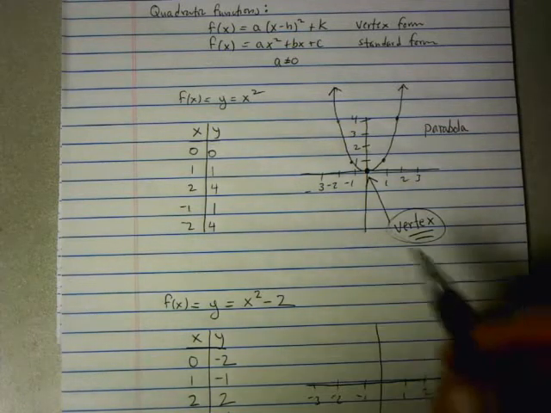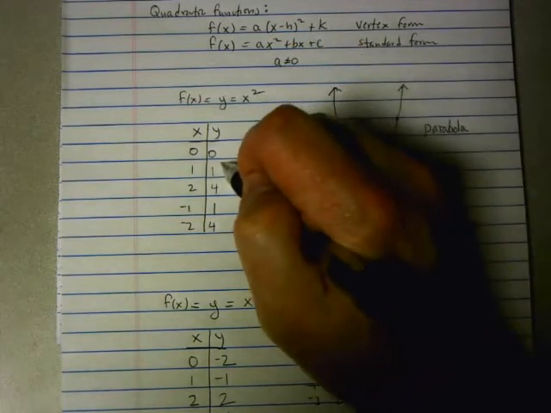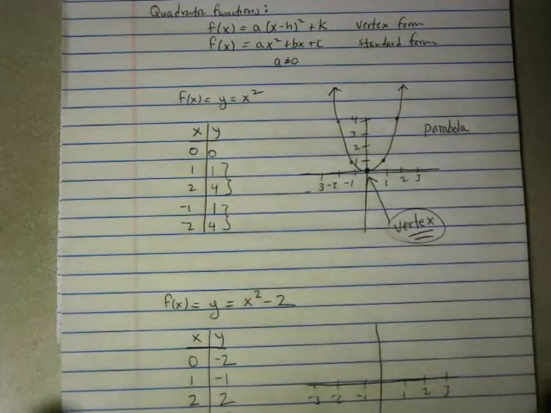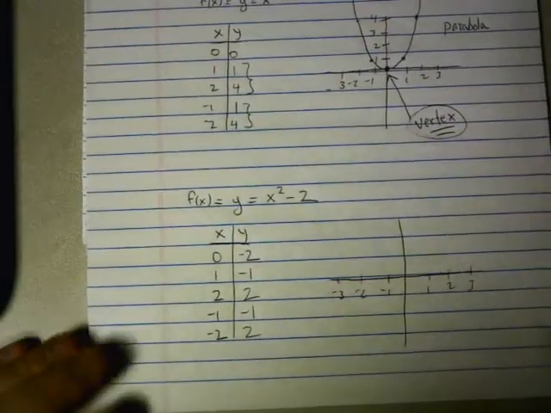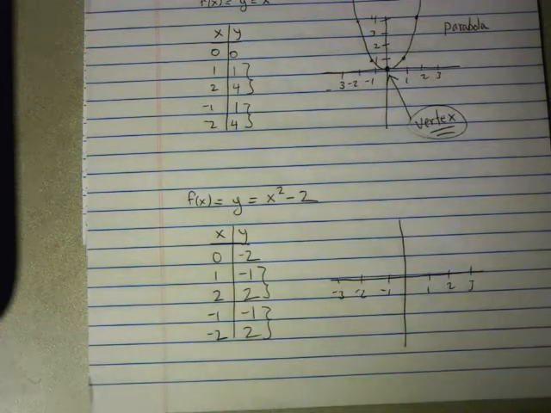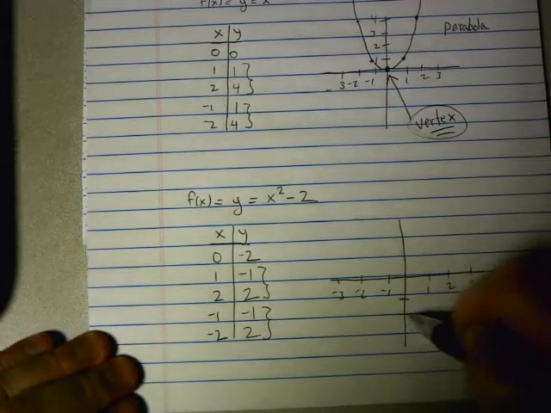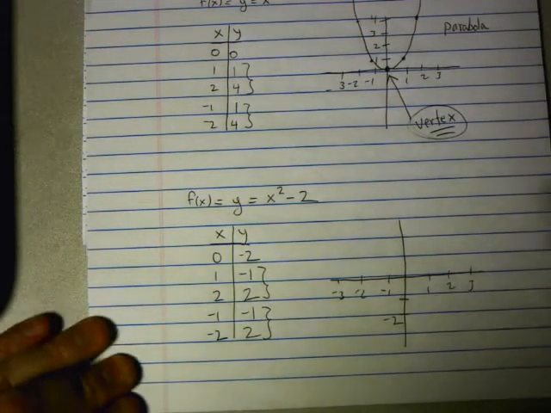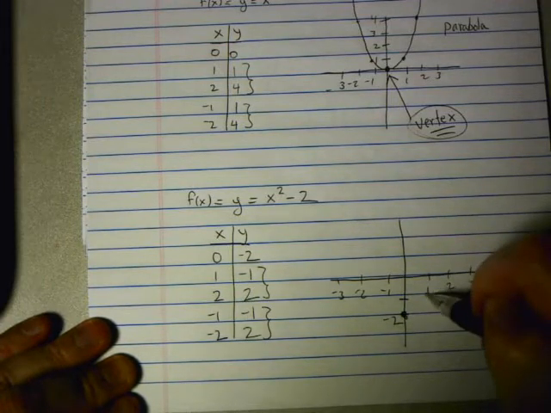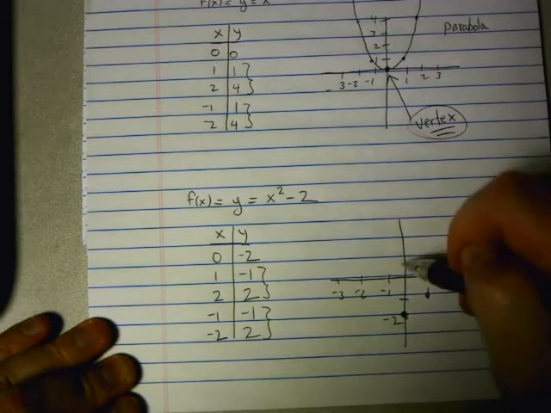So you might start to notice a pattern in the numbers here. I got a 1 and a 4, I got a 1 and a 4. Down here, you notice I got -1 and 2, -1 and 2. There seems to be a repeat in the y values all the time. Not a coincidence. So we have 0, -2. We have 1, -1. We have 2, 2.